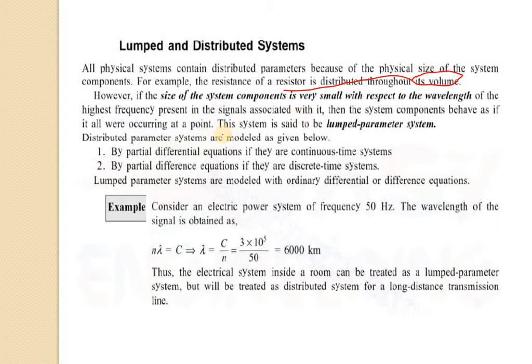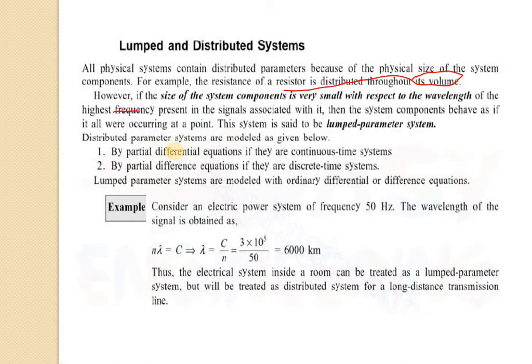However, if the size of the component is very small with respect to the wavelength of the highest frequency present in the signal associated with it, then the system components behave as if everything were occurring at a point. The system is said to be a lumped parameter system.